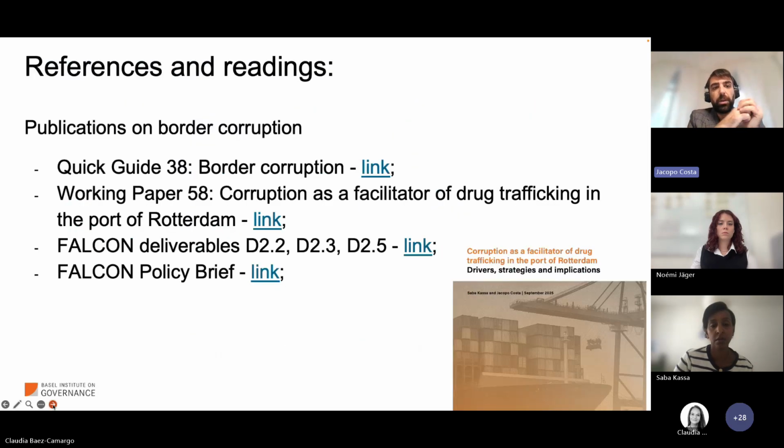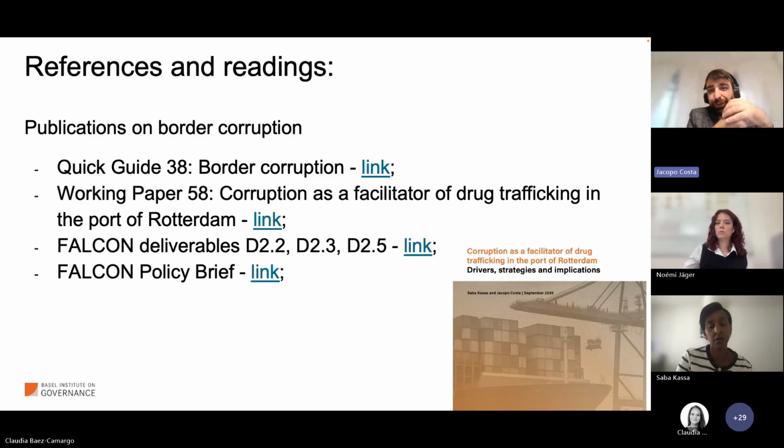Considering that the topic at the core of this workshop is border corruption, we have already done some publications. For example, a quick guide on border corruption published by Saba and myself, and a working paper on the port of Rotterdam, analyzing how corruption facilitates drug trafficking.